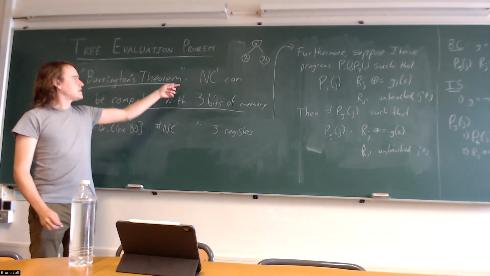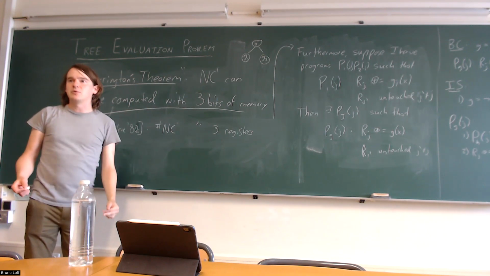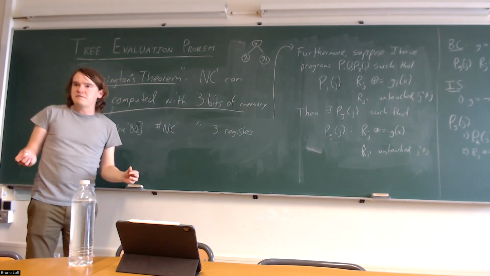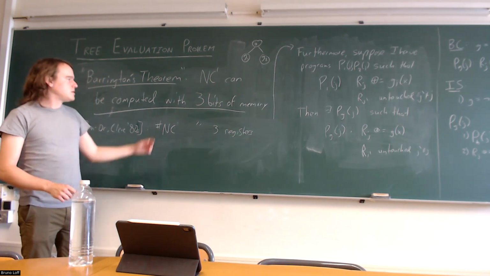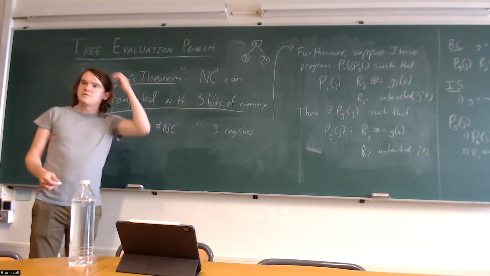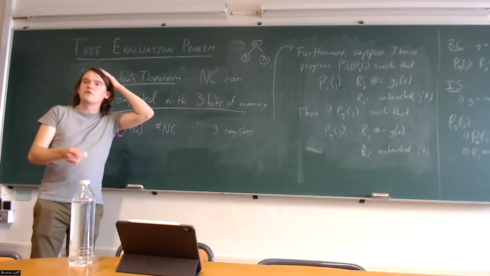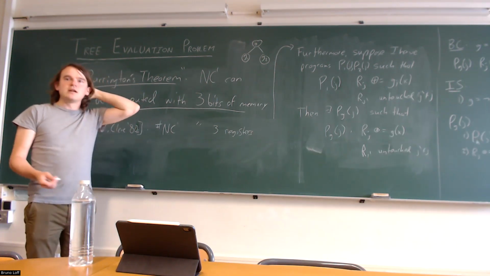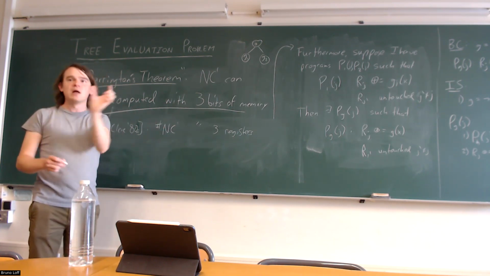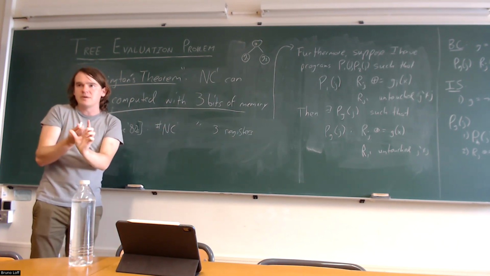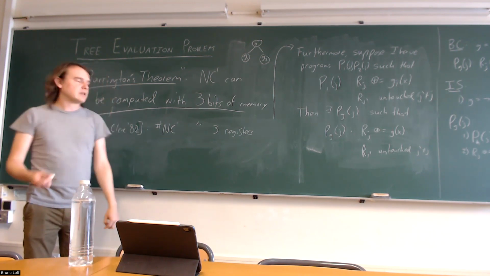Think of it as the exact same thing as NC1, but now it's arithmetic operations. So there's some underlying field, so there's some set of values it can take, and you have a circuit of logarithmic depth that supports fan-in plus and times over that field. And what they claim is that basically the same thing works if you're allowed to have 3 blocks of memory, each of which saves 1 field element. You can implement the whole thing.